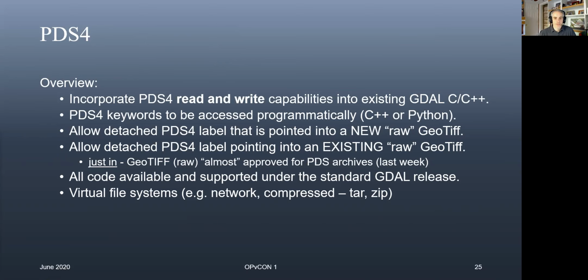So, an interesting change, something that I hope changes how geologic mapping and how archives are built from missions, so that we can actually support an immediately usable format, GeoTIFF, and the PDS4 archival requirements. Code is all under open GDAL release, and PDS4 also supports virtual file systems.